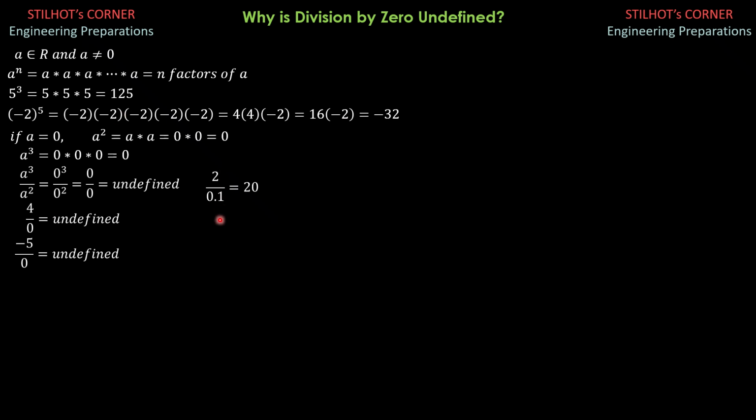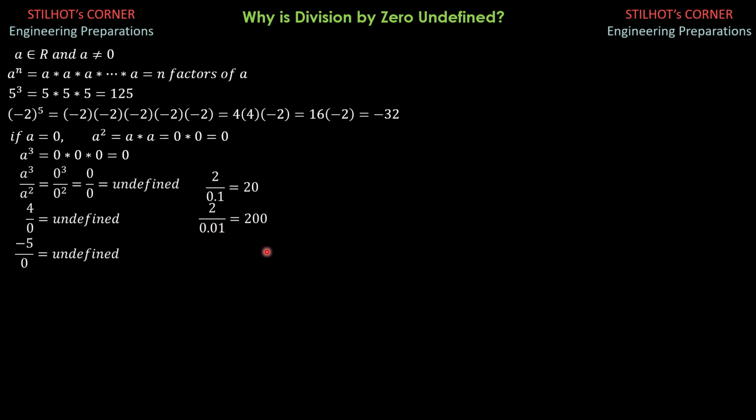So 2 over 0.1, that is 20. So 0.1 is close to 0, but we'll make it very close to 0 by making it 0.01. So 2 over 0.01 would be 200. So notice that as the divisor or the denominator is close to 0, the result is increasing.